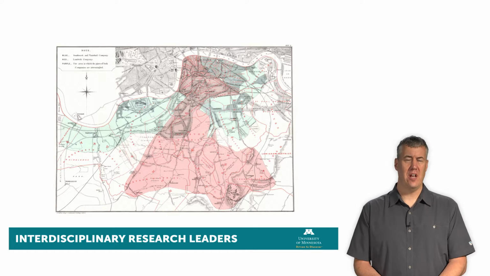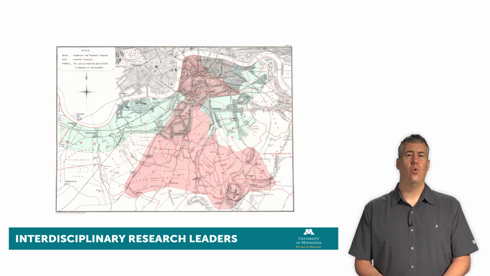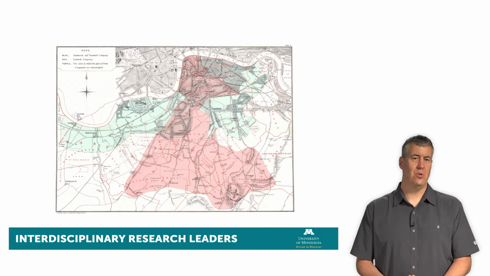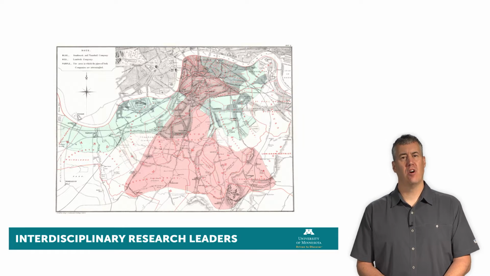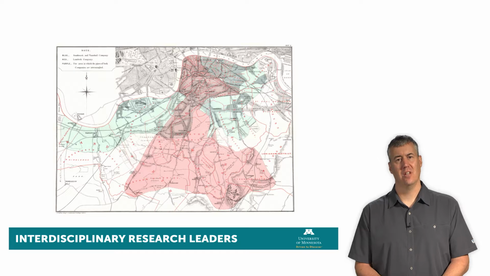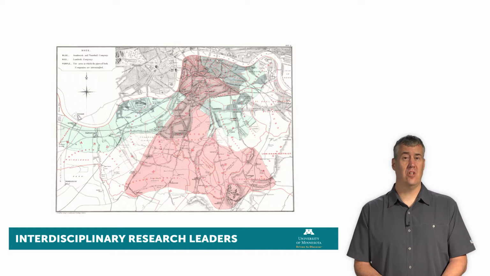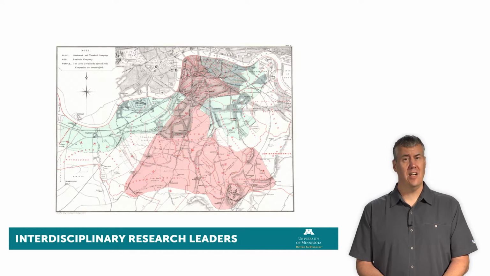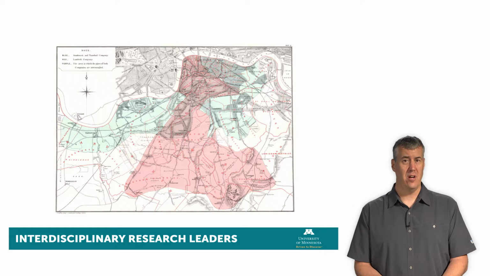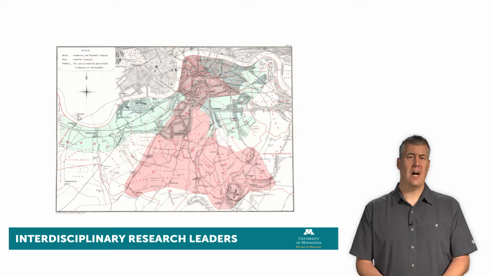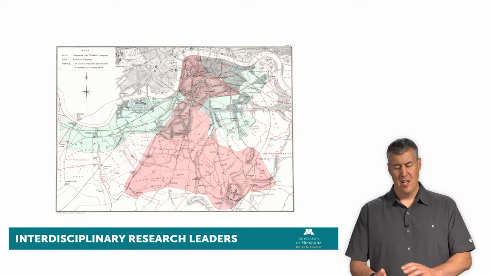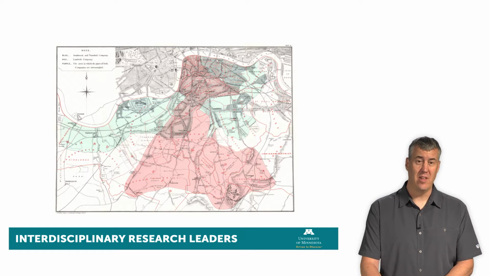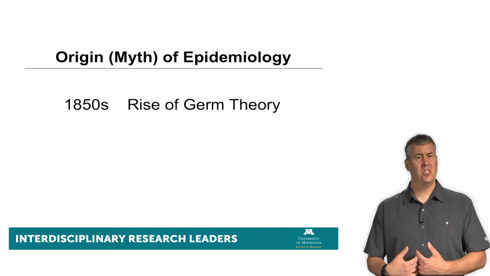What John Snow figured out, with some help, was that people getting, to be simple, water from company A were getting sick, and people from water company B were not getting sick. Therefore, he surmised there's something in the water. He could not yet see the cholera vibrio bacteria, but he inferred that that's where it must be. This was the rise of germ theory in modern epidemiology, and as we understand germ theory today, it's why we wash our hands and do other things to stay clean. This is in the 1850s.